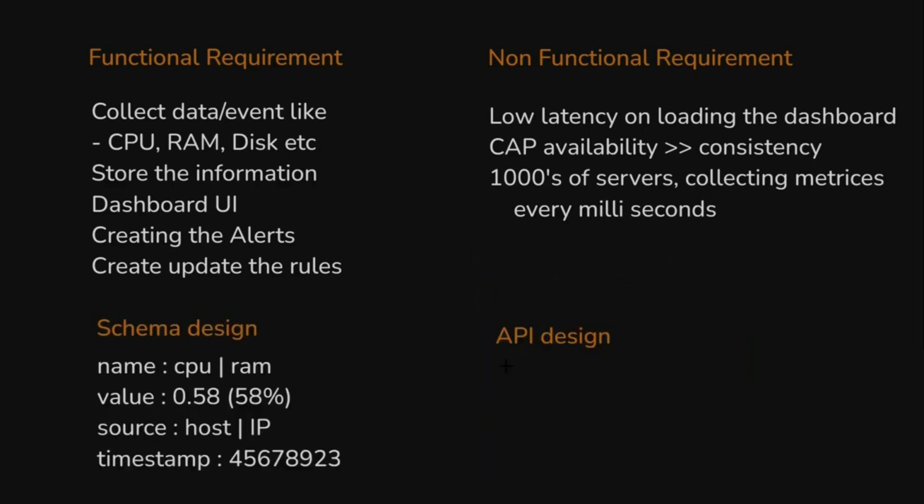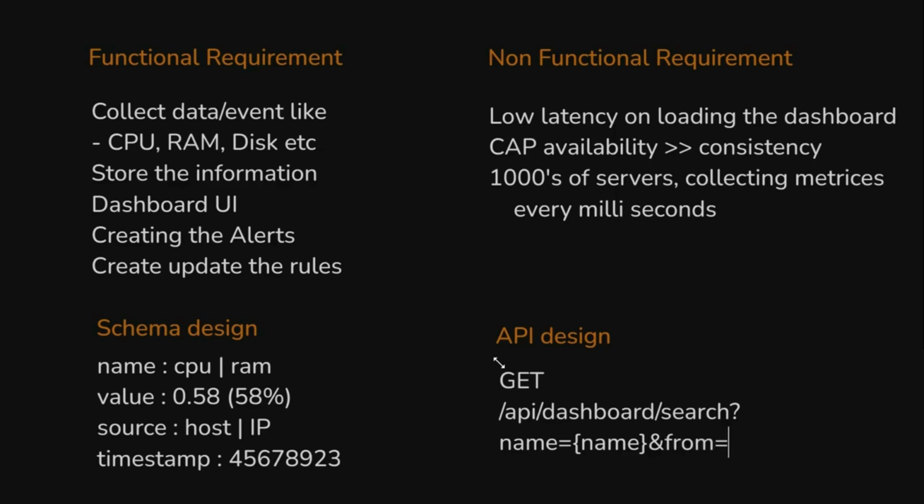And the next step is the API design. To start with, we can begin with a simple GET REST API, which is the API for the dashboard, where we will have the search query, like the name of the metric which we are interested in, the time from and to, and the source.